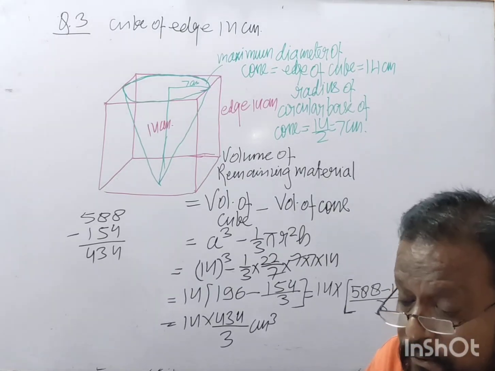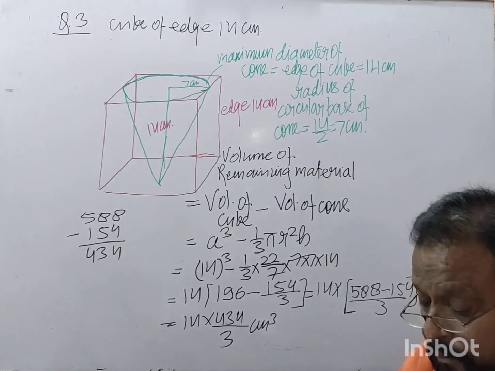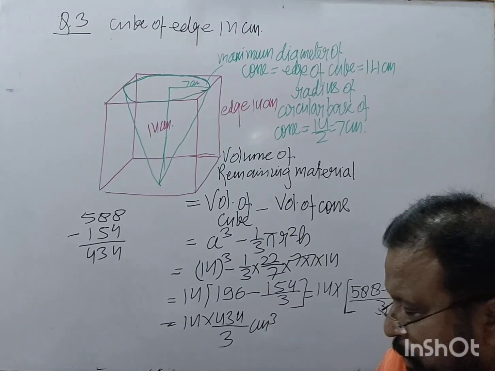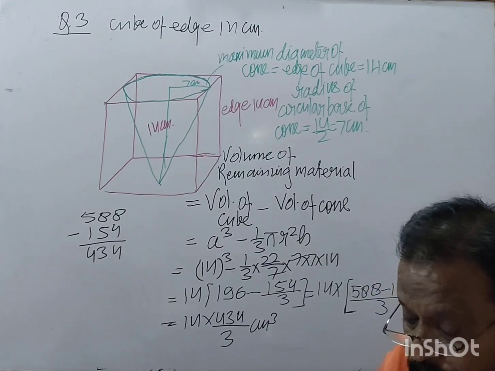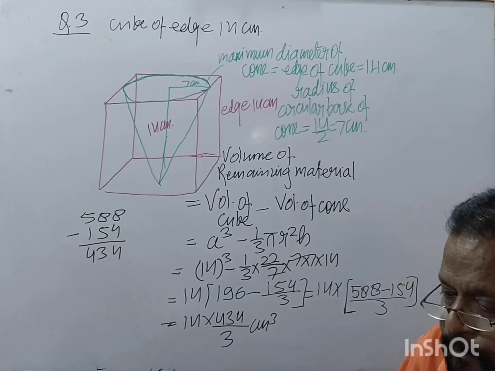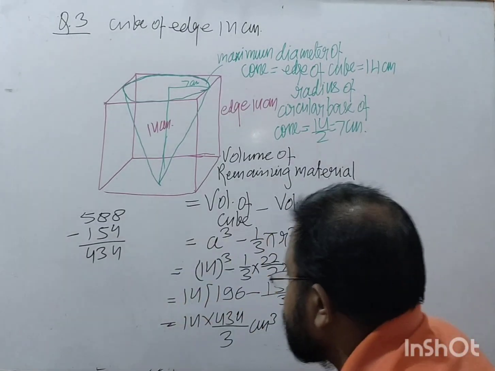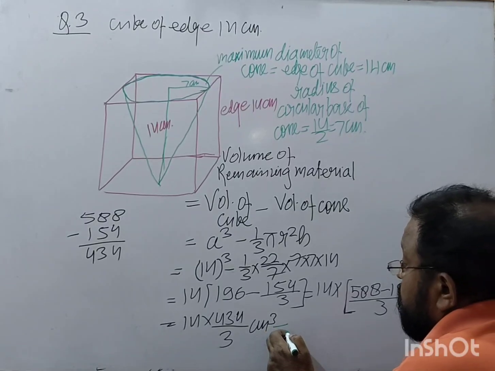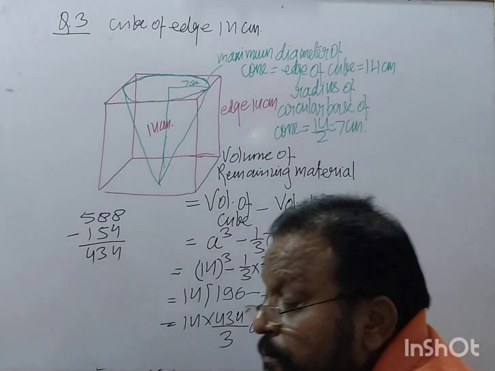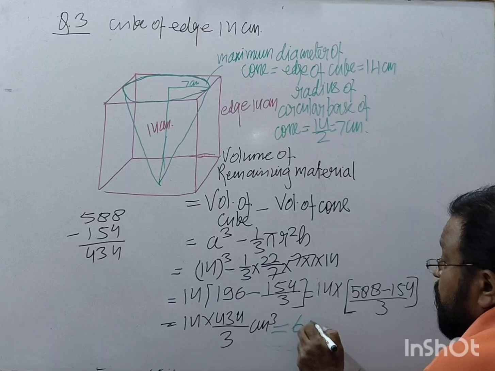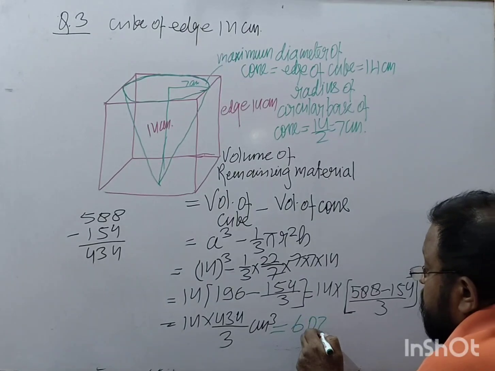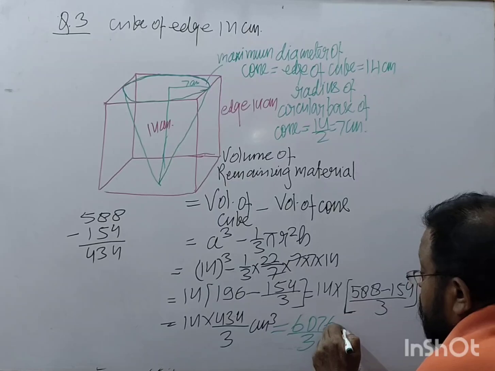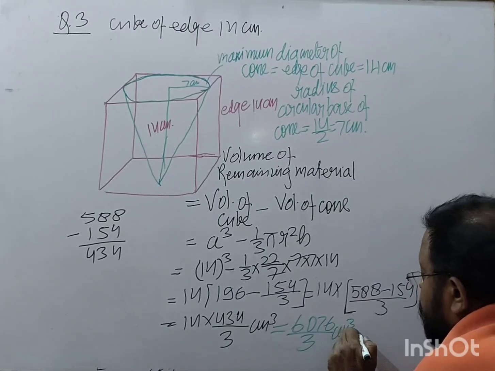196 into 3, 588 minus 154, 434 multiplied by 14. It comes 6076 by 3 centimeter cube.